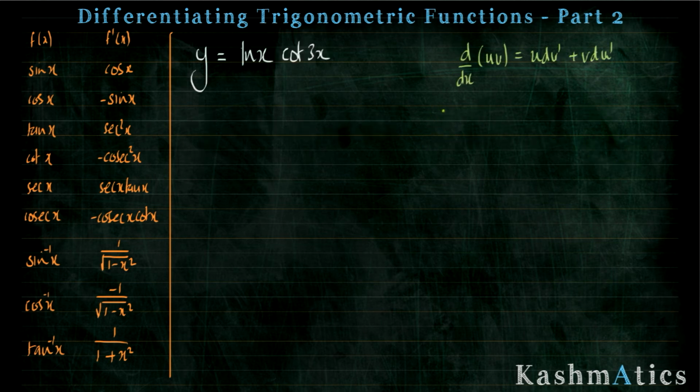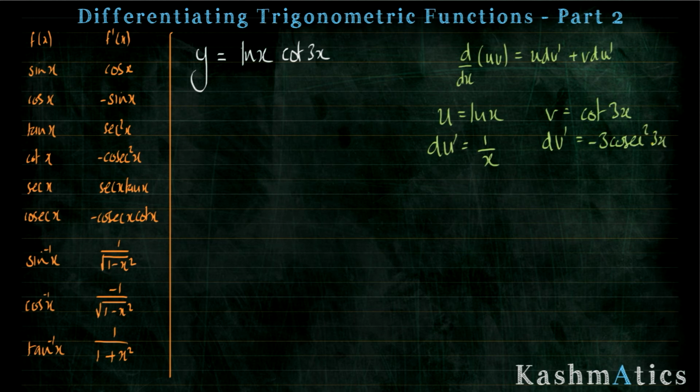Right, so here's another with the product rule. So u equals ln x and v equals cot 3x. So du, ln x becomes 1 over x, and dv, cot becomes minus cosec squared x, so that would be minus 3 cosec squared 3x. Hopefully you understand why I multiplied by 3, and that was because of the derivative of 3x.